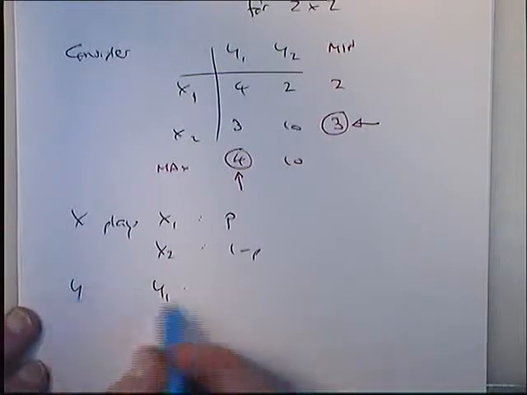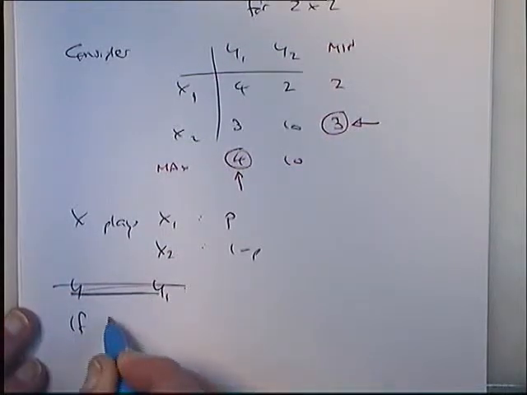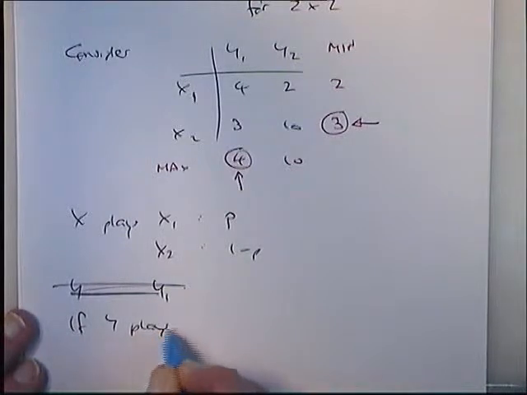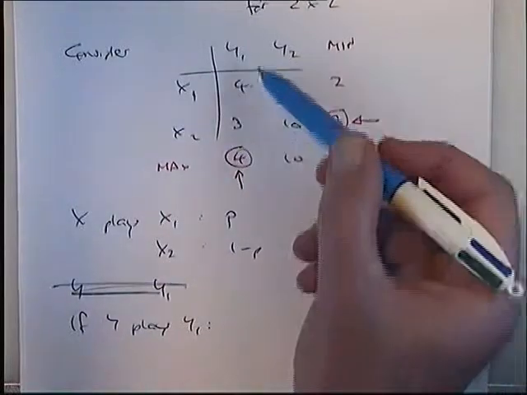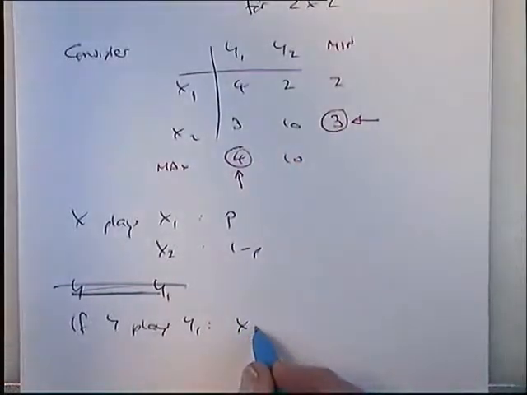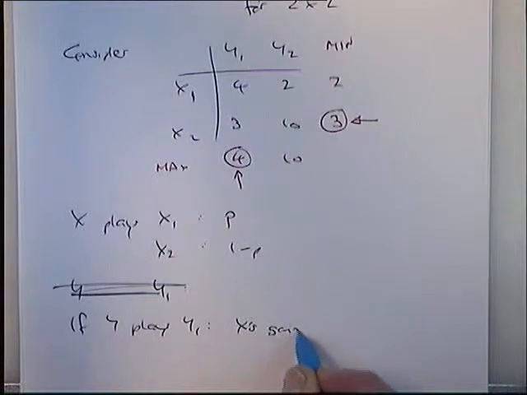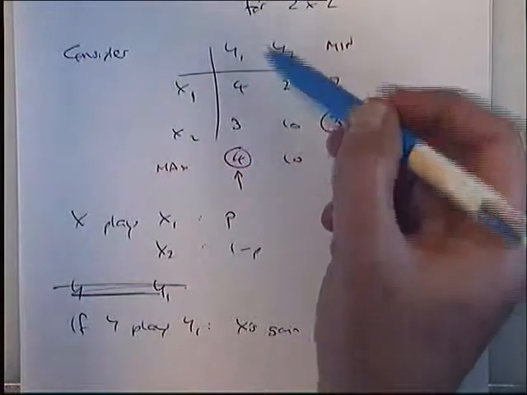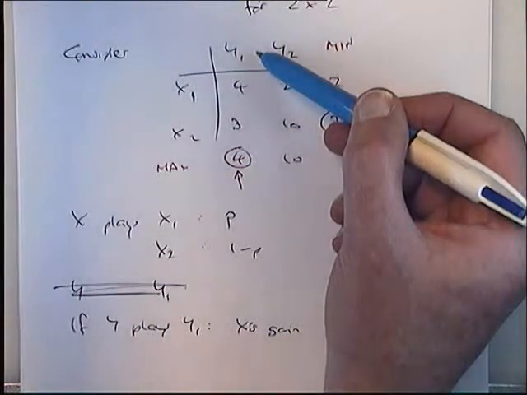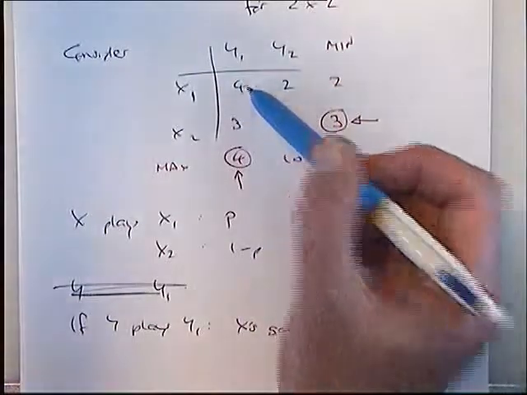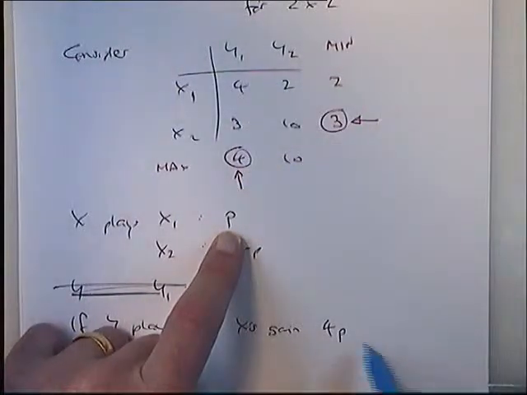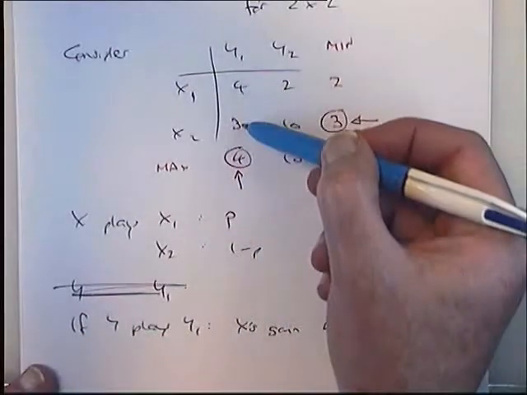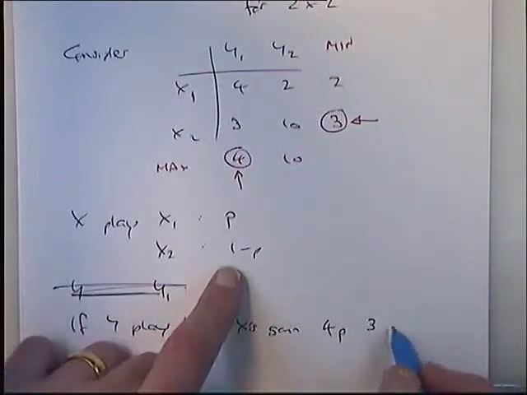Let's just look first of all at if Y plays Y1. If Y plays Y1, what we want to look at here is X's game. X is the offensive player. If Y plays Y1, X will get a profit of 4 for proportion P of the time, and X will get profit of 3 for proportion 1 minus P of the time.